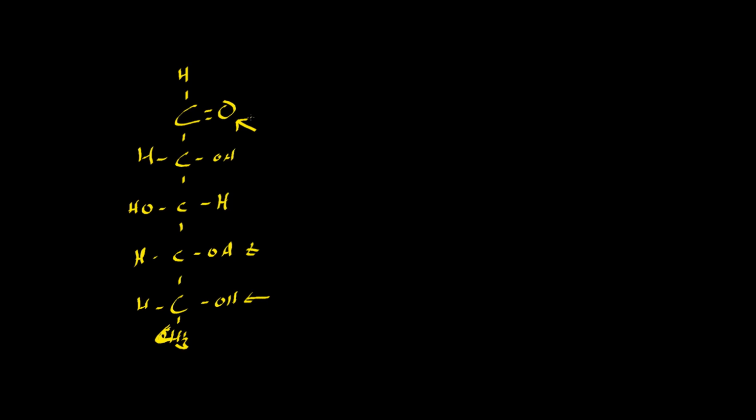You'll also find what are known as ketone bodies. Ketone bodies are of significance because when your body is having difficulty metabolizing sugars, it will start to break down other things.